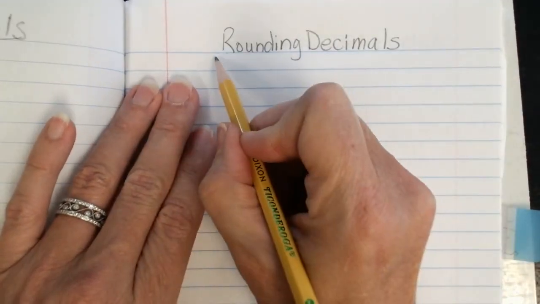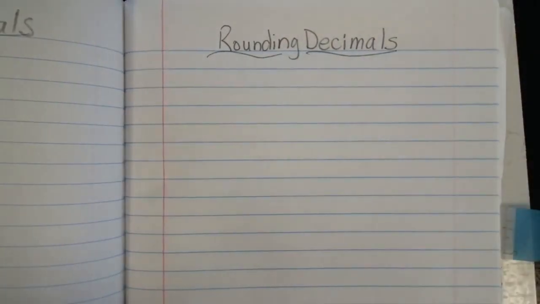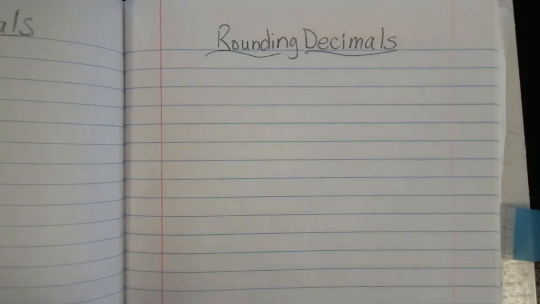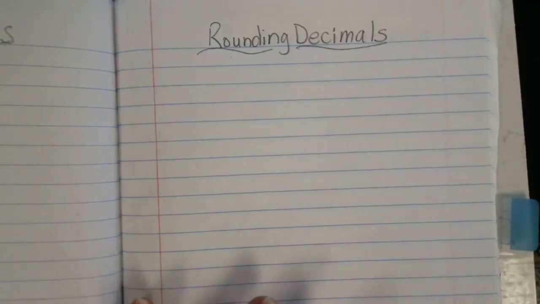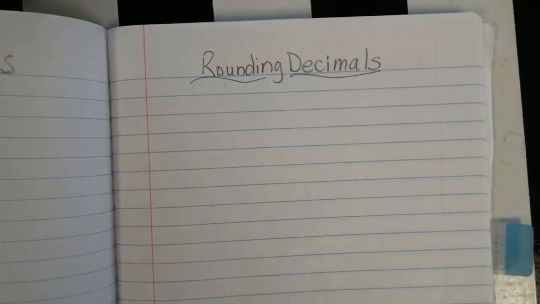The good news about rounding decimals is this is the same process for rounding whole numbers. There really isn't anything different, okay? There is one slight change, but it'll be easy to get used to, okay? So we have rounding decimals for our title today, and down at the bottom of the page, I did put my number 10. So make sure you have your page with a title and a number, okay?